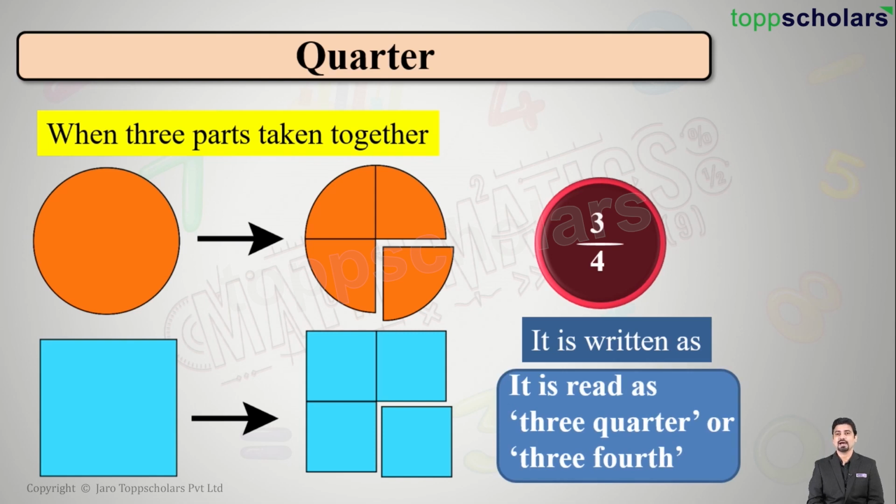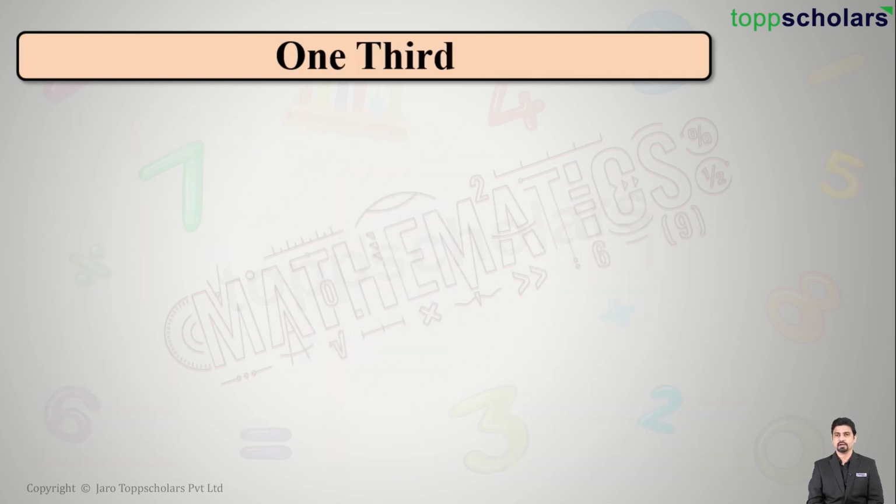So understood, students? 1/4 is 1 quarter, 2/4 is 2 quarters, 3/4 is 3 quarters. Got it? Have you understood the concept of half and the concept of quarter? If yes, let us go ahead.